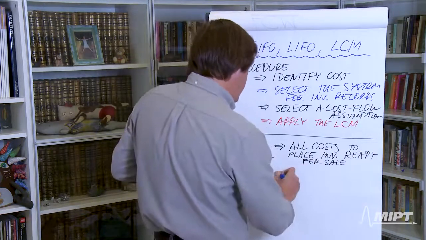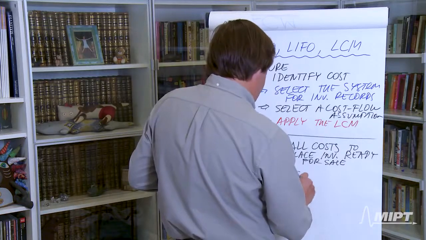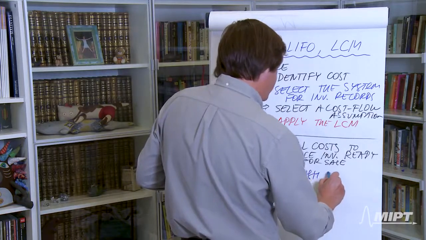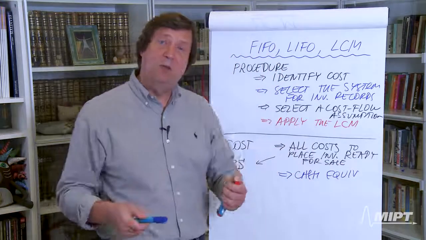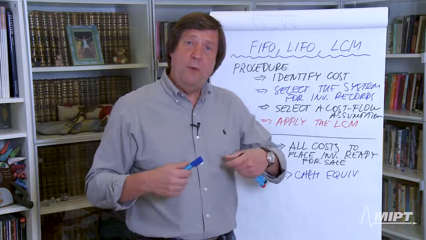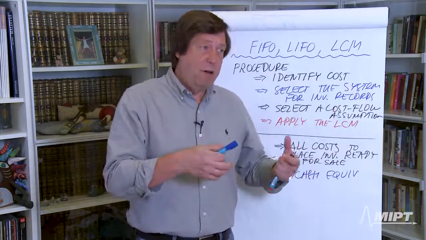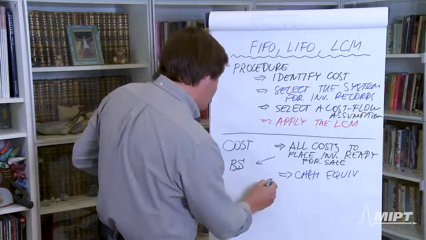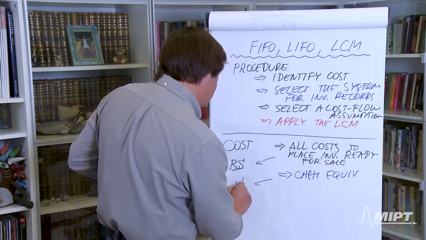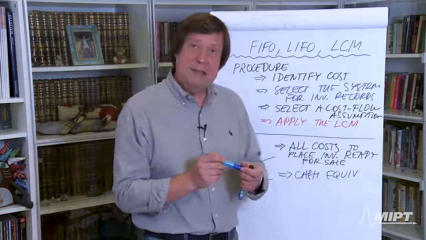Then we use a cash equivalent of the cost. So for example, if we have a discount, or if we pay interest, if we pay later for this inventory, then all this interest goes to the income statement. So we don't capitalize that.